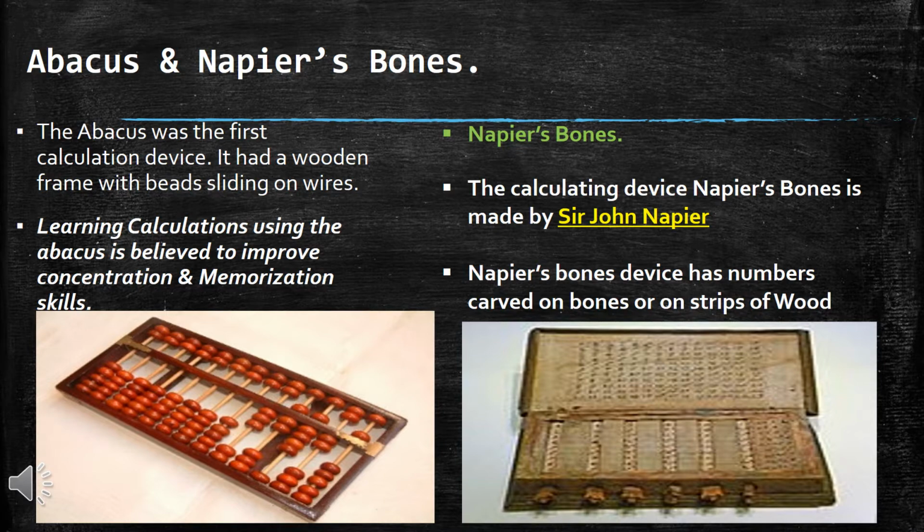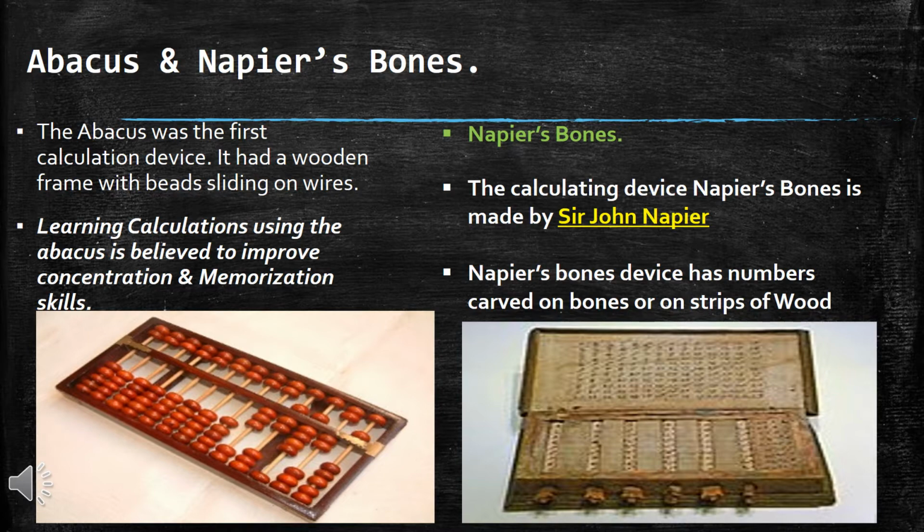The next one is Napier's bones. This calculating device was made by Sir John Napier. You can see it in the second picture, though it is not proper, but you can see it very clearly.